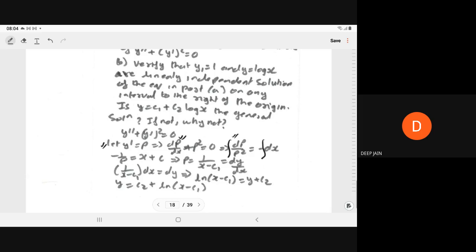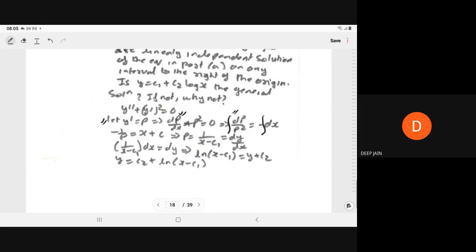So they are asking now, can we write y is equal to c1 into 1 plus c2 into log x as a general solution? If not, why not? So now we have started to solve the second order differential equation. We have y double dash plus y dash square is equal to 0. So we have assumed that y dash is equal to p, so y double dash is equal to dp by dx. So our equation will reduce to dp by dx plus p square is equal to 0.